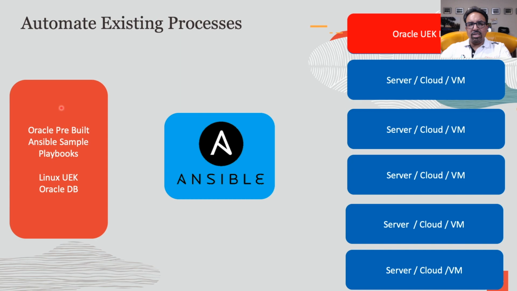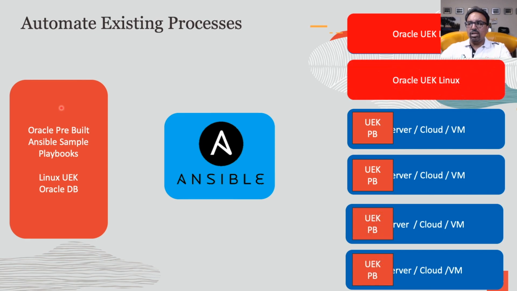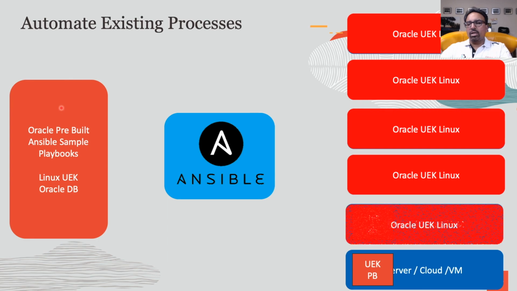The great thing about these playbooks, once you've got them set up, is you can send them to all the servers, hundreds, thousands, and within minutes you could be deploying the same configuration, in this case Oracle Linux UEK, ready to receive container hosts. So without having to do anything to your infrastructure, you can implement Ansible and automate the deployment of basic operating systems.